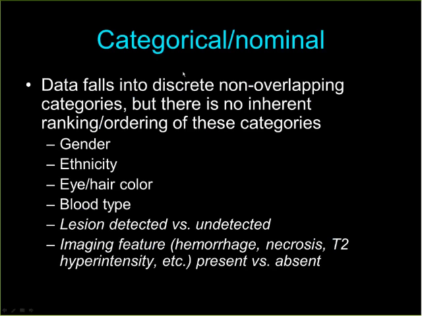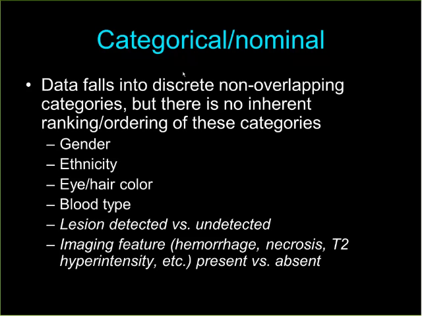So first, the categorical and nominal data. This is data that falls into discrete, non-overlapping categories, but there's no inherent ranking or ordering of the categories. So patients' gender, ethnicity, their eye or hair color, their blood type. Again, we can assign our patients to these different groups, but these aren't really a measurement or have any ordering to them.